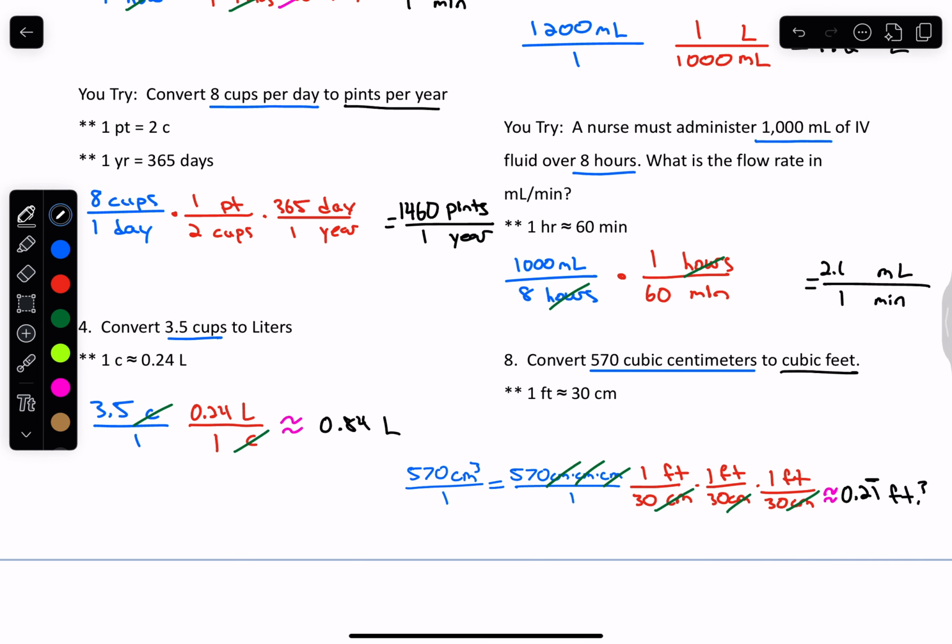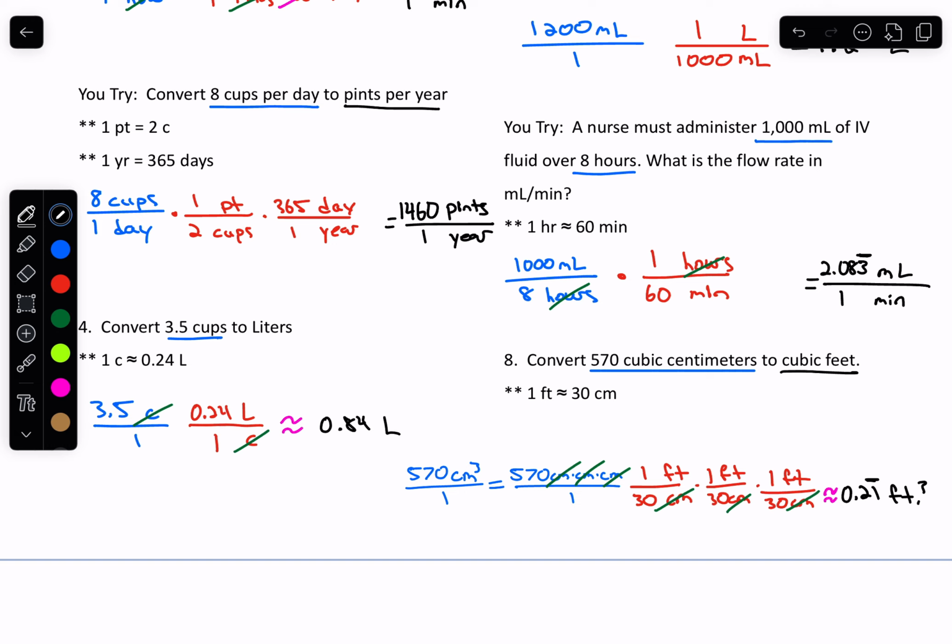So 2.08, and the 3's keep repeating. So we'll leave our answer there as 2.083 with a bar over it. And that is the number of milliliters per 1 minute.